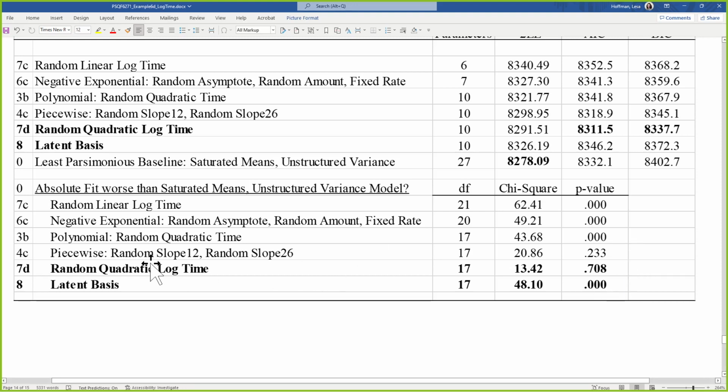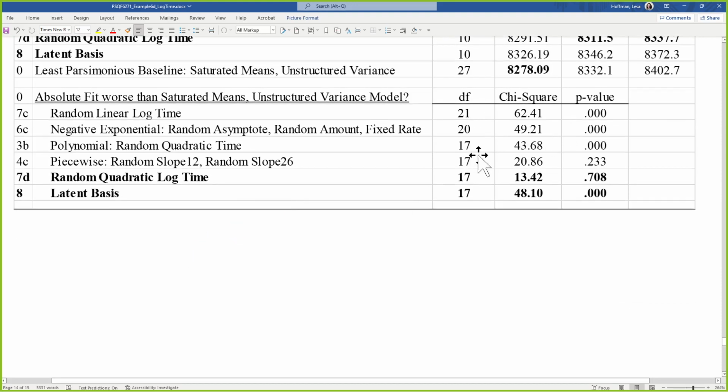So in this case, based on what fits and what doesn't fit, so this bottom comparison right here, because I'm in maximum likelihood at this point so that I can compare all the different models, because latent basis and negative exponential are only available via maximum likelihood, I had to re-estimate all the others in ML to make it comparable.